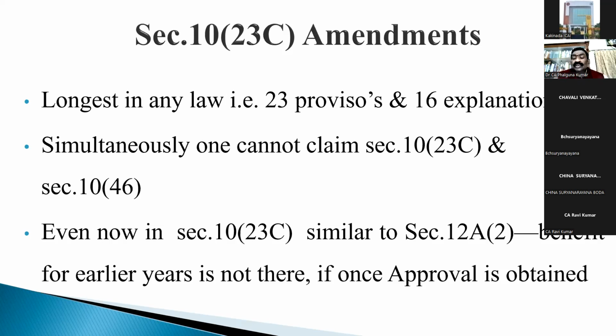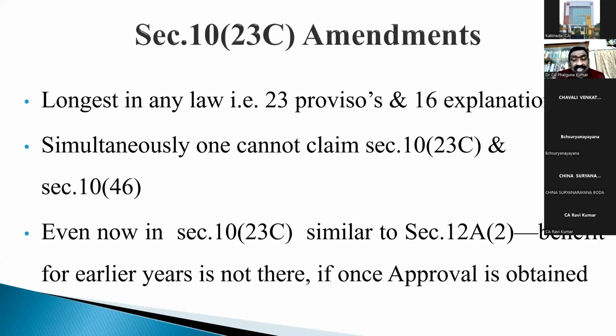What they said in section 12A subsection 2, with three provisos added, is that if any public charitable institution gets registration earlier under 12AA, now from assessment year 22-23 onwards under 12AB, then for the earlier years the assessing officer is precluded from reopening the assessment merely for want of registration.